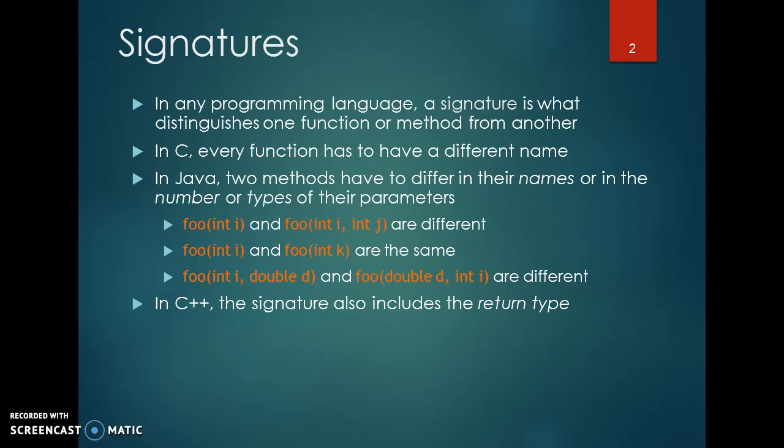In C++, the signature also includes the return type, but not in Java. In Java, return type is not included in the signature. The only things included in the signature are the parameters: data types, number of parameters and order of parameters.